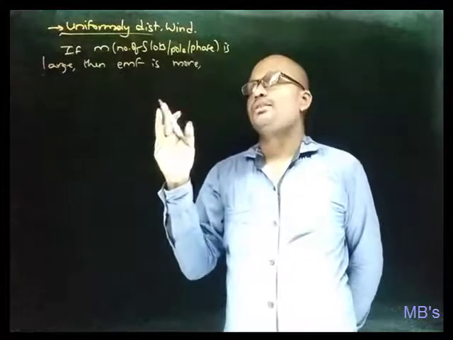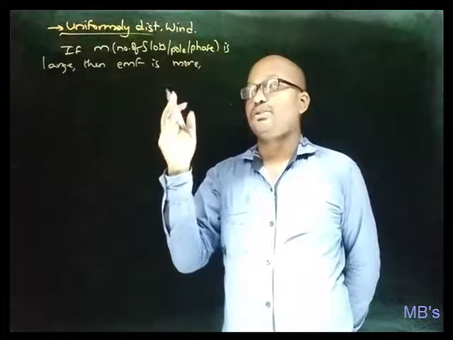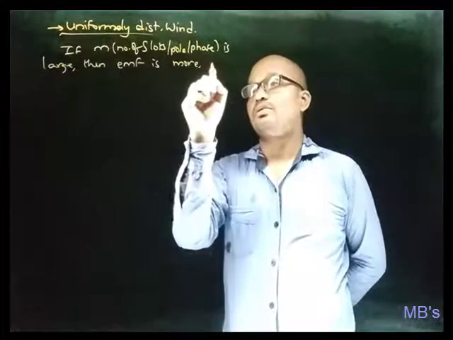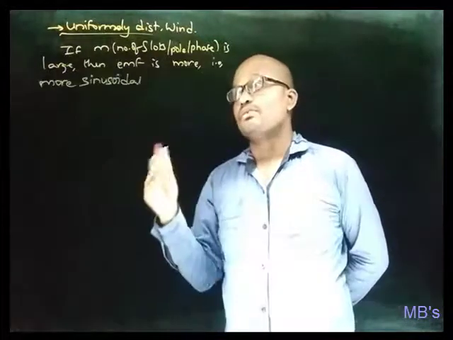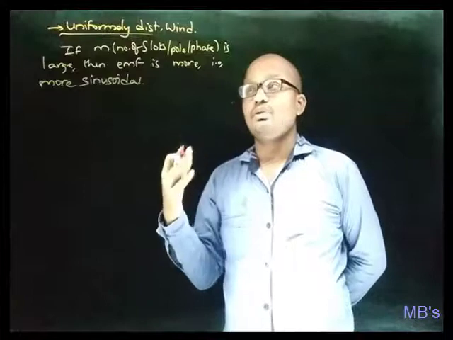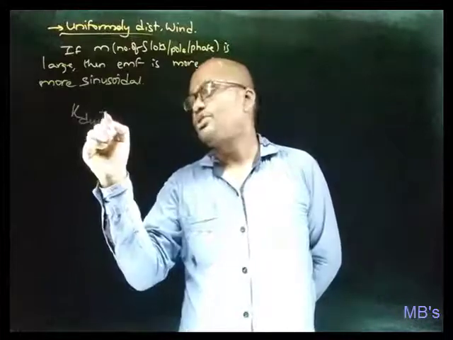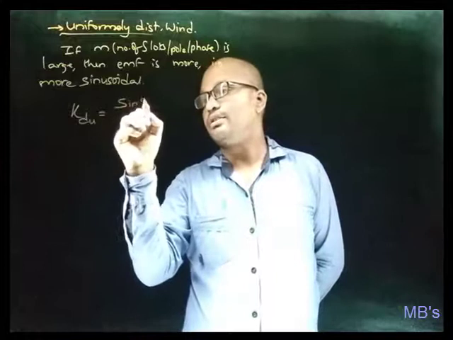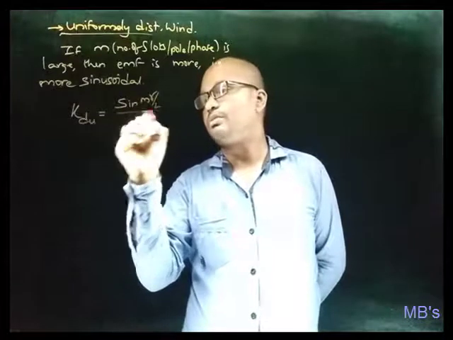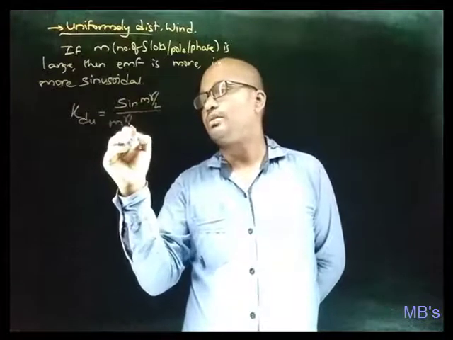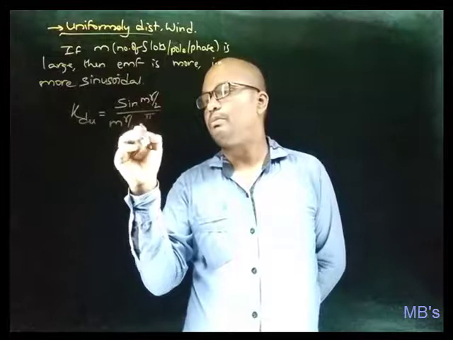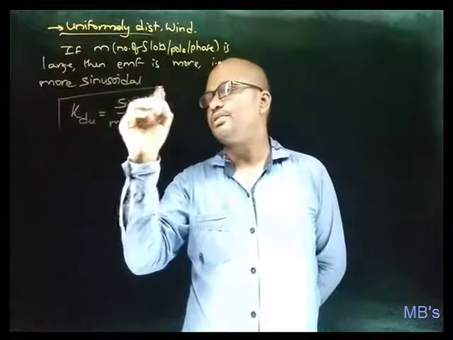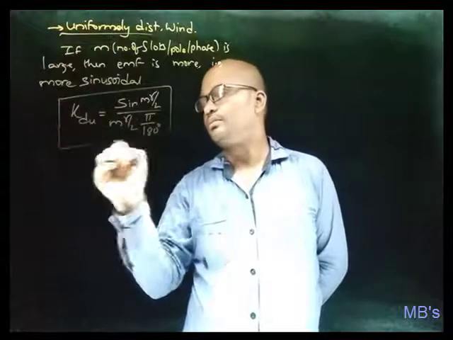So this type of winding is called uniformly distributed winding, because if M is more, the EMF is more sinusoidal. That is why this winding is called uniformly distributed winding. The distribution factor for uniformly distributed winding is sin(M gamma by 2) by (M gamma by 2) into pi by 180 degrees. This is the formula for KDU.